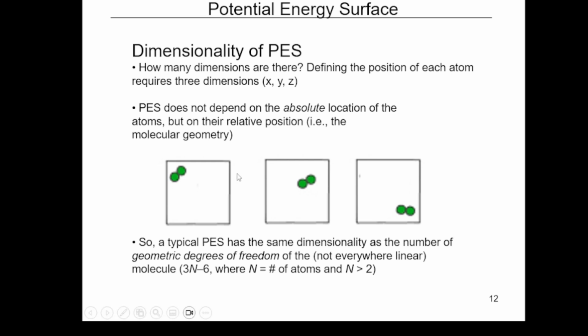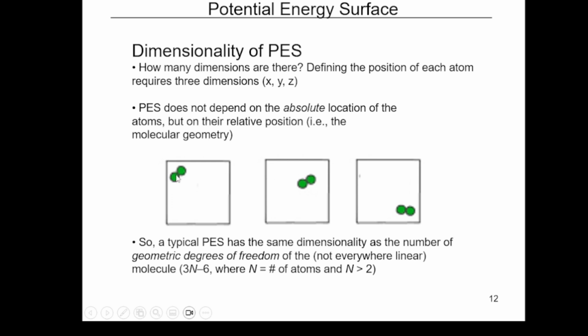Now the question arises, why does the translation not change the energy of the system? You can see here, let's say if you take a diatomic molecule in a certain area, whether you place the diatomic molecule at this position, or this position, as long as the distance between these two atoms is constant, it's not changing, in all these three diagrams, the energy of the system will stay the same.